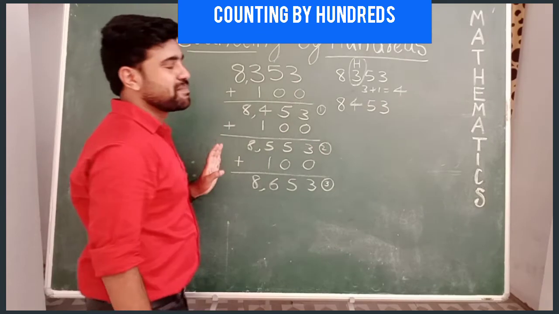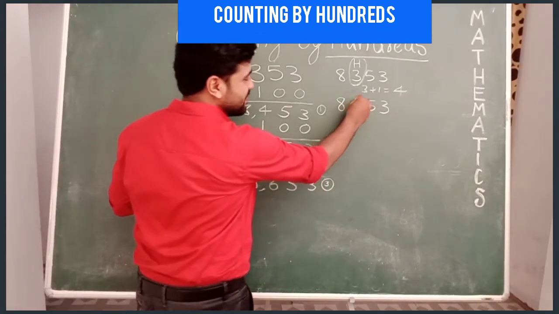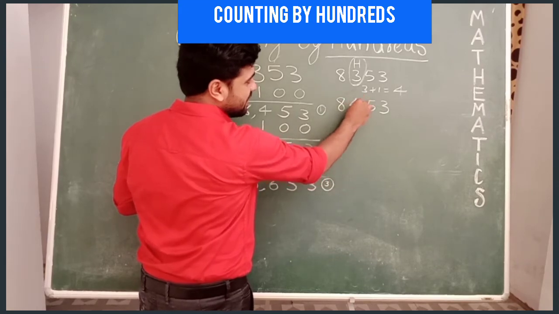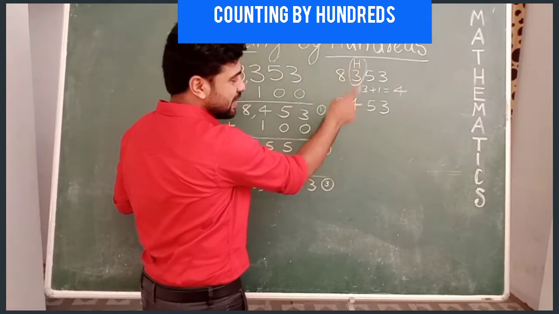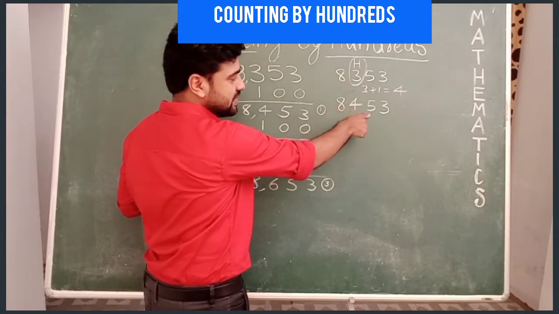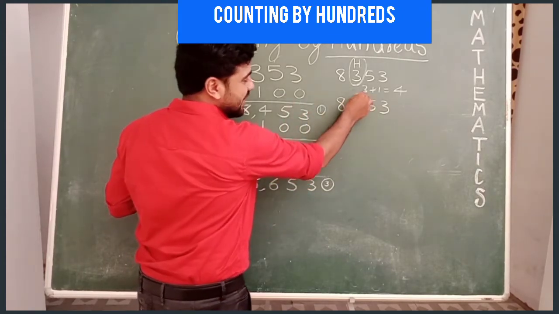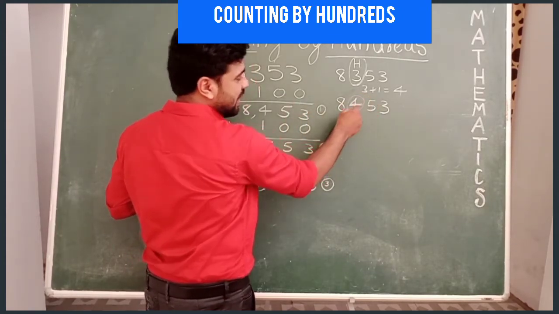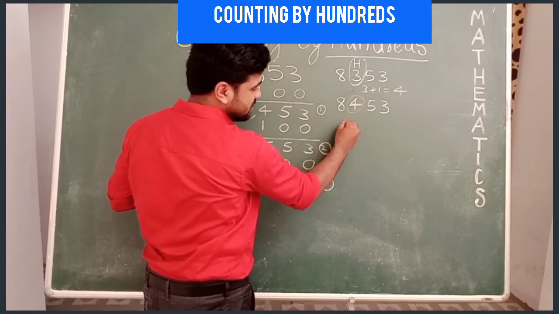8,453 is the next number. Add 100 again. No need to do the addition and all. Just change the number in hundreds place. 8,453 is the first number. To get the second number, just write the next number in hundreds place. 4 is the number now in hundreds place.